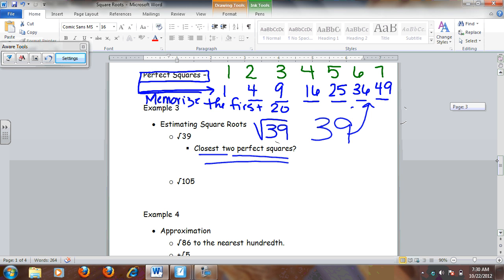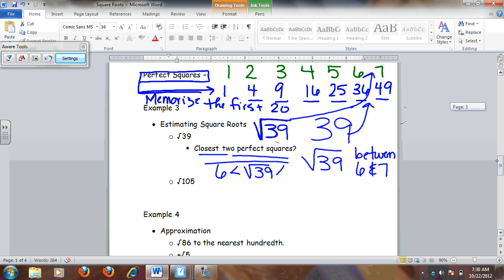That means the square root of 39 is going to come between the numbers 6 and 7. Or we could say this: 6 is less than the square root of 39, but the square root of 39 is less than 7.